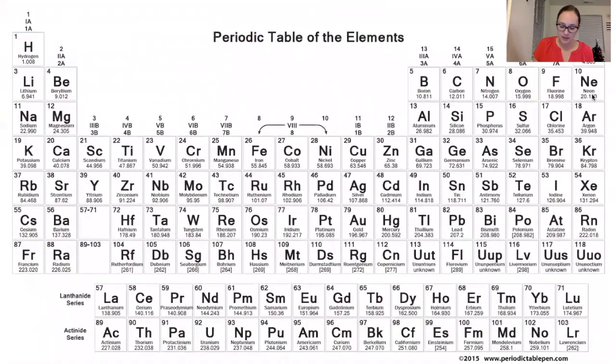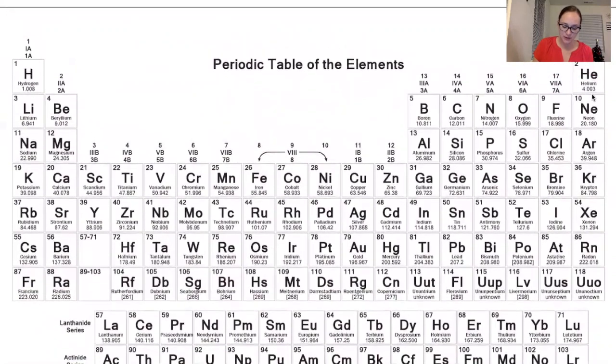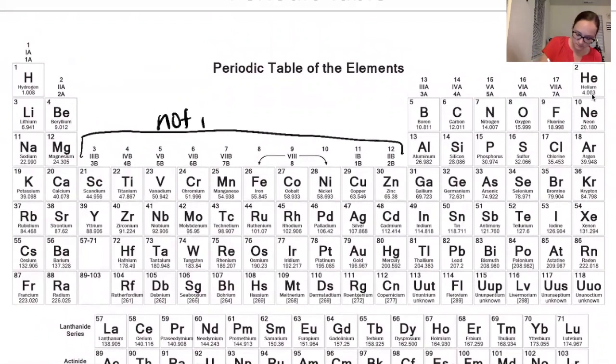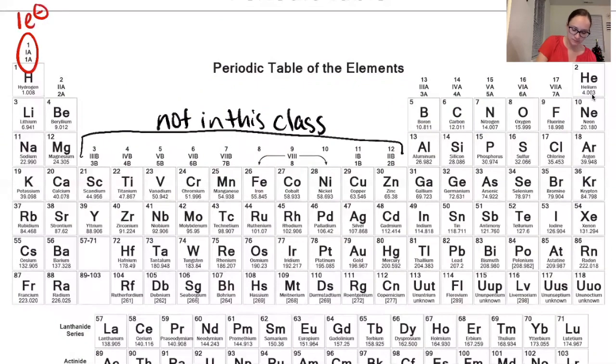So this is a periodic table for you guys to look at. We're not going to talk in this course about the valence electrons or bonding for the transition metals. However, we should look at the main group elements, such as this group 1A, or 1, which has 1 valence electron.